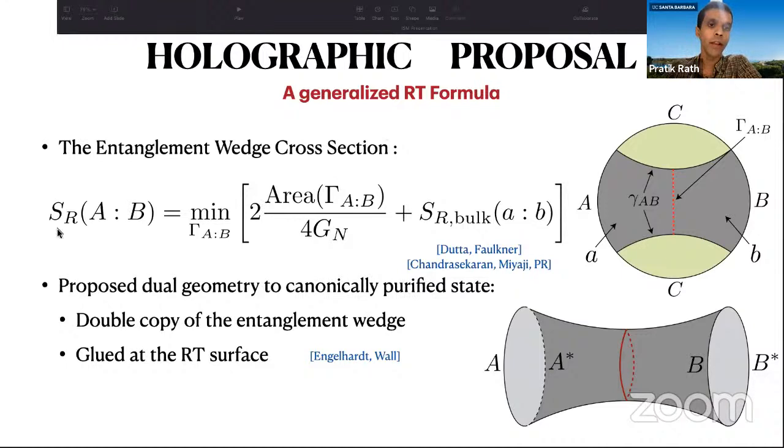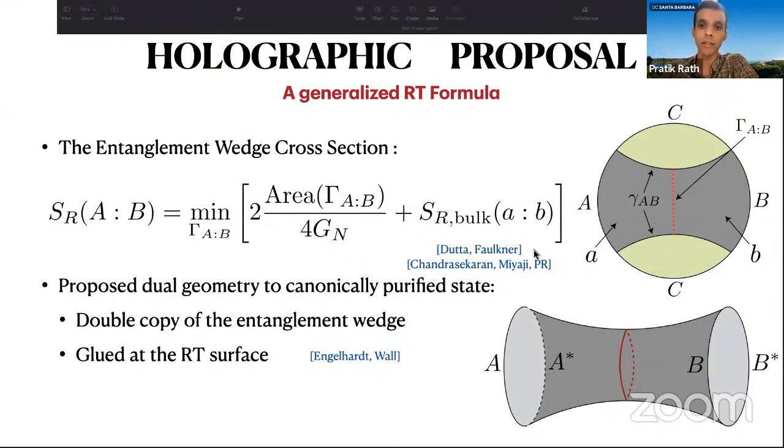So when you compute the reflected entropy of two boundary regions, A and B, which I've taken to be two intervals in this picture, the proposal is that one minimizes over possible cross-sections, which is this red line here, and minimizes them over all possible ways of splitting the entanglement wedge into two parts. So you split it into a part that's homologous to A, and a part which is homologous to B, which I've called little b. That corresponds to this area term. And then there are, as usual, quantum corrections coming from bulk entropy terms.